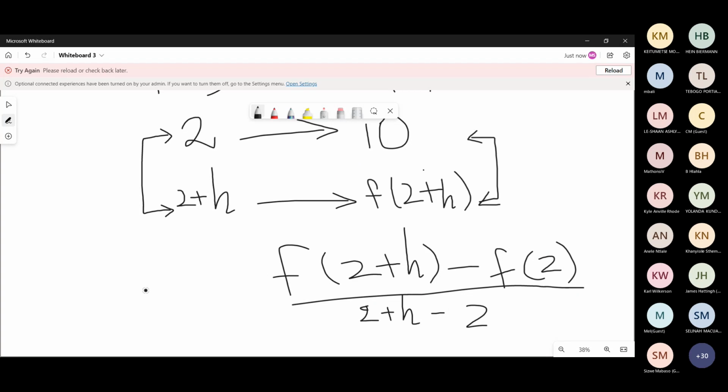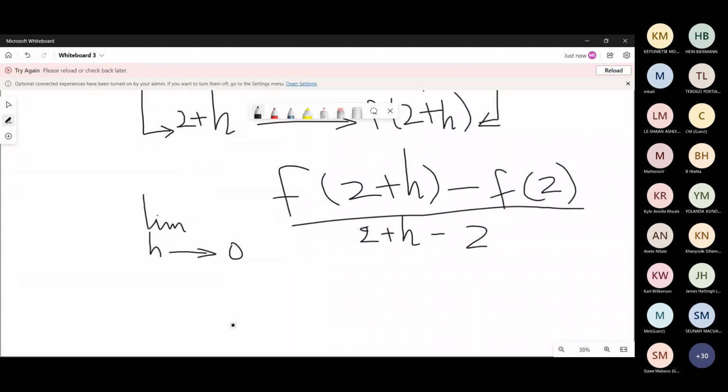And we take the limit when this number is very small, when the number h goes to 0. The quantity that we obtain, this answer, is called the derivative of the function f at the point 2, and we denote it by f prime of 2. The derivative of the function f at the value 2.